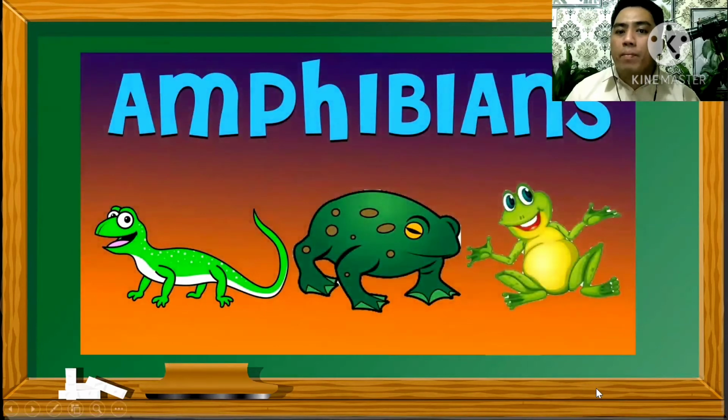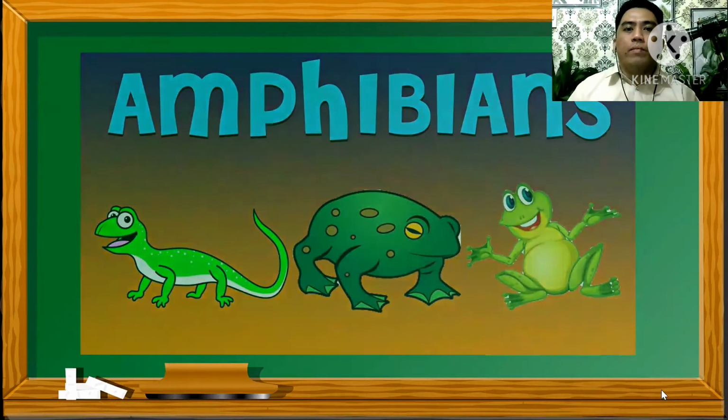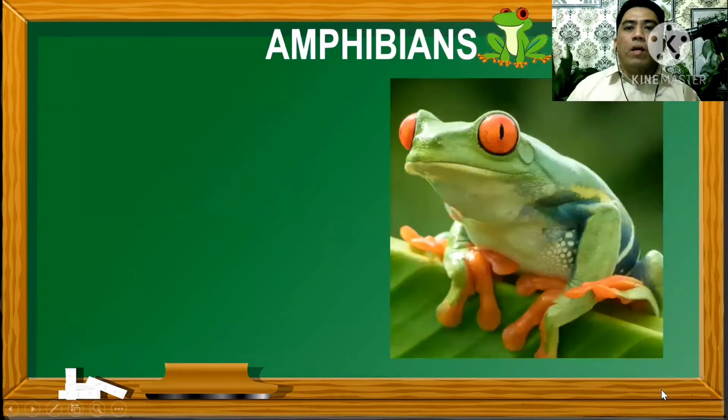Next are the amphibians. Okay. Are you familiar with this animal class? Can you name this animal? Yes, very good. It is the Echoserang frog. Okay, siya ay si Echoserang palaka. Okay, so can you describe its body covering?